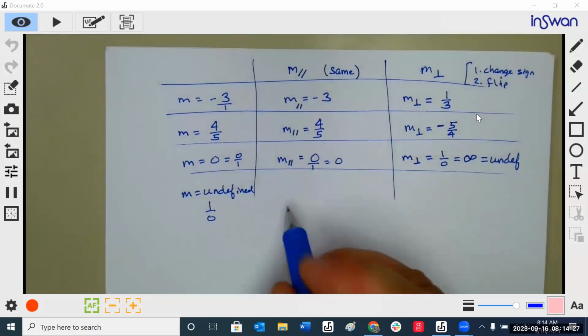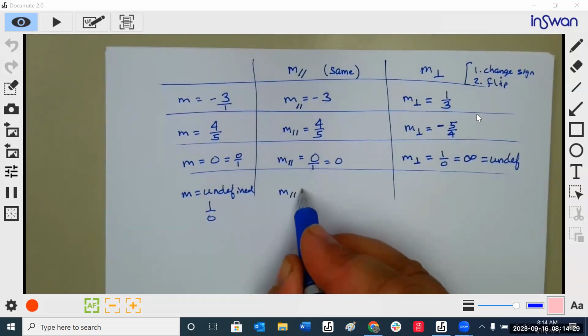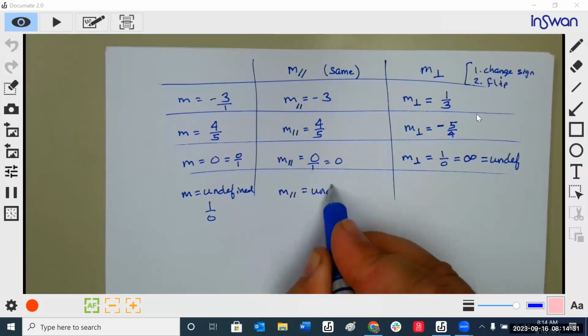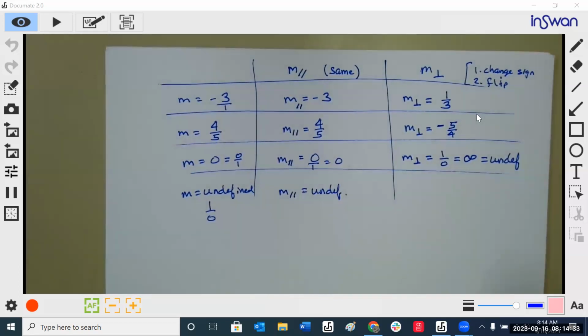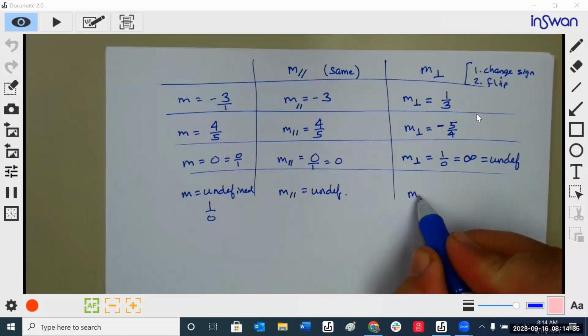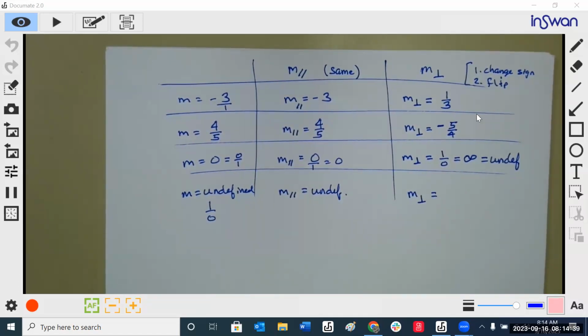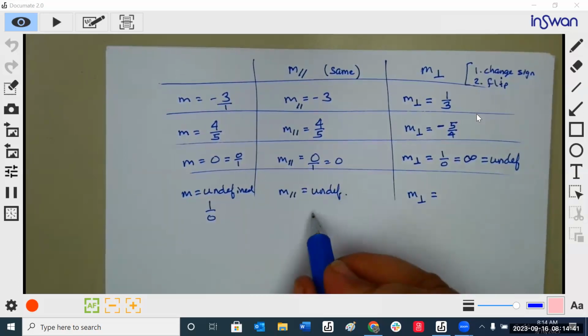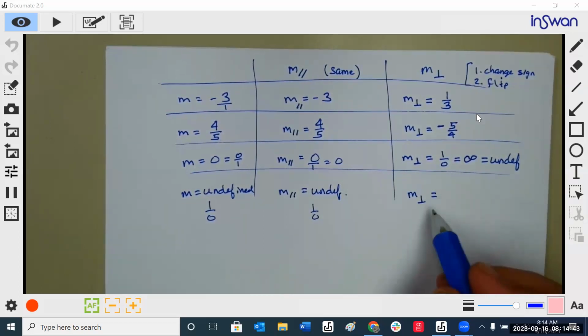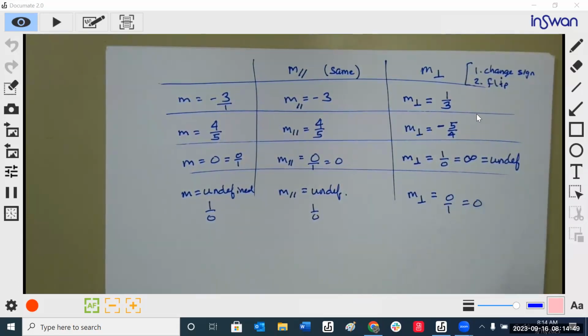So this parallel slope is also going to be undefined, which is 1/0. So that means the perpendicular one will be the flip of it, which would be 0/1, which is 0.